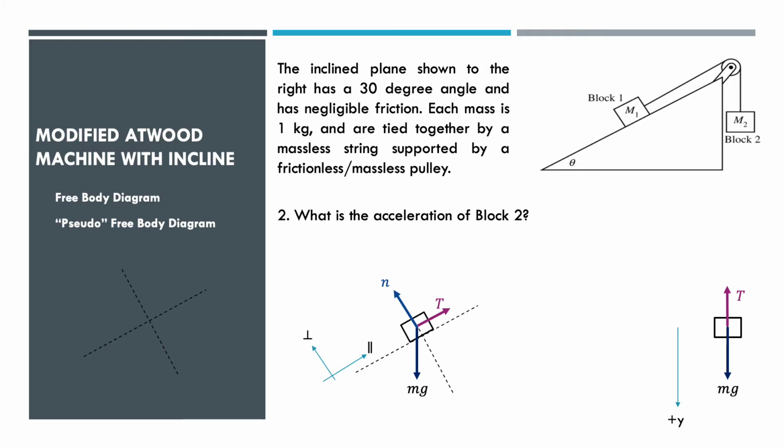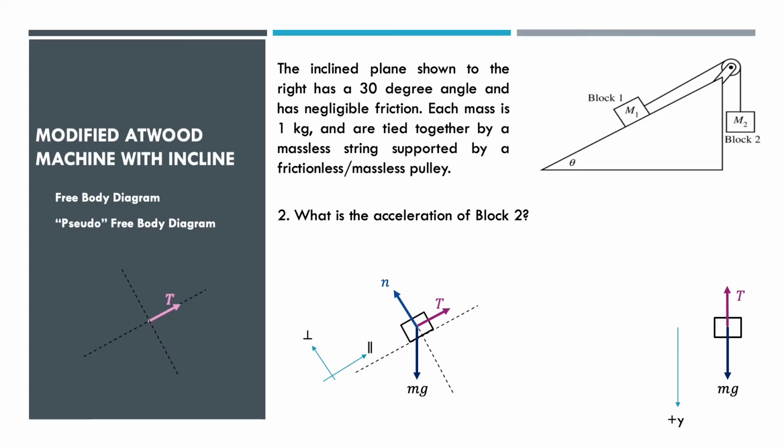You use axes that are tilted because the direction of motion, you want to try to align that with one of the axes. And because our axes are tilted and weight is on both the perpendicular and the parallel, I have to do what I call a pseudo free body diagram.